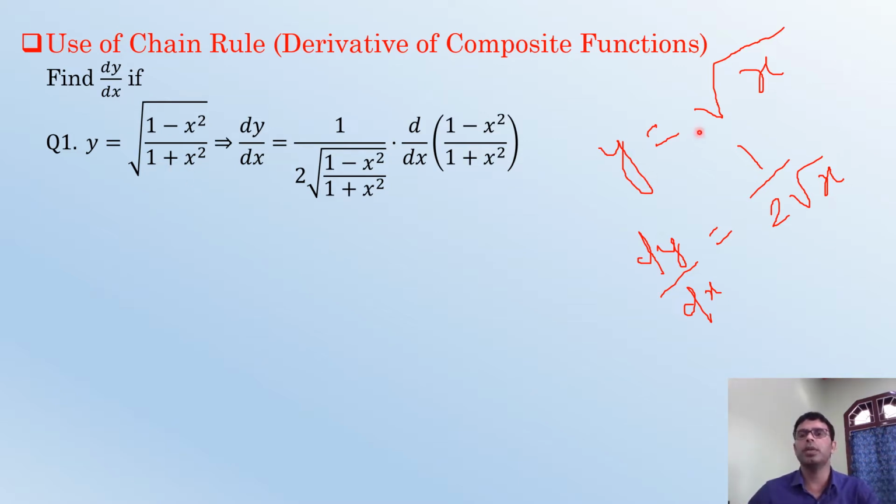If it is y is equal to root over x, then it is the primary function, but this time in place of x it is (1 minus x square) divided by (1 plus x square). So you should consider this whole term inside the root sign as x. Now the function is of the form y is equal to root of x. So dy dx is equal to, first you use this formula by considering this whole term as x, so it will be 1 by 2 root x.